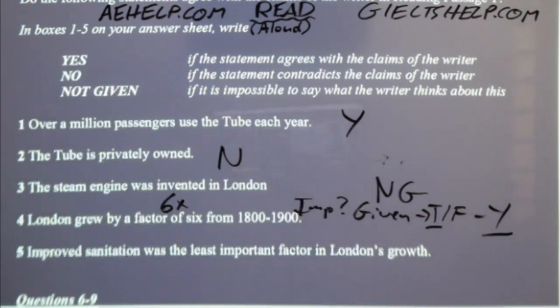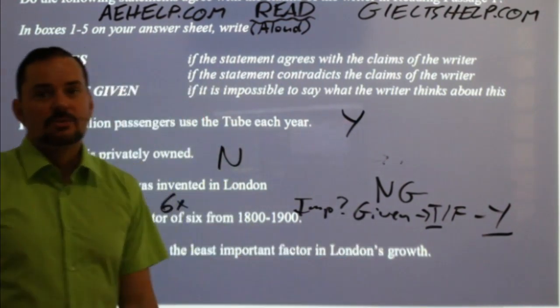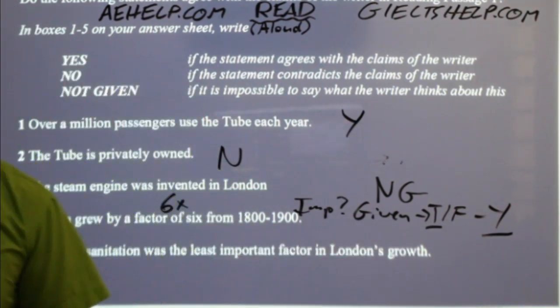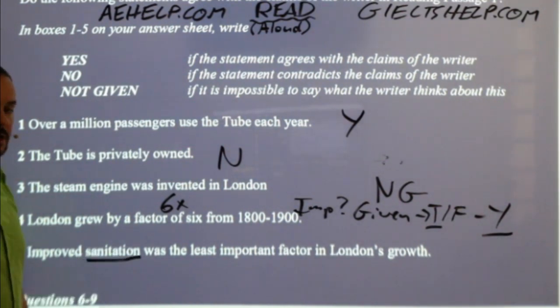Okay, number 5, improved sanitation was the least important factor in London's growth. Tricky. That's looking for that band 8, band 9 reader, active reader, and very, very effective logic. So sanitation means wastewater.